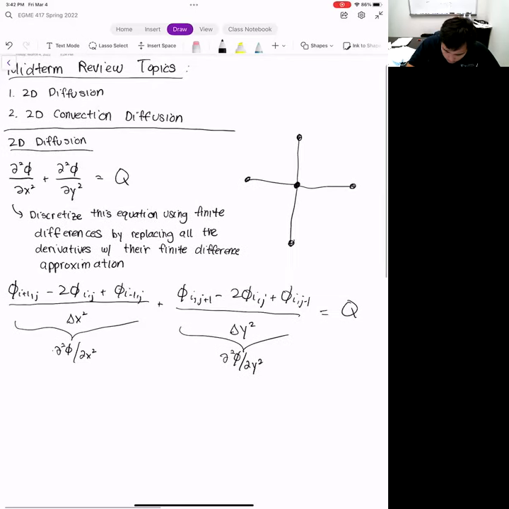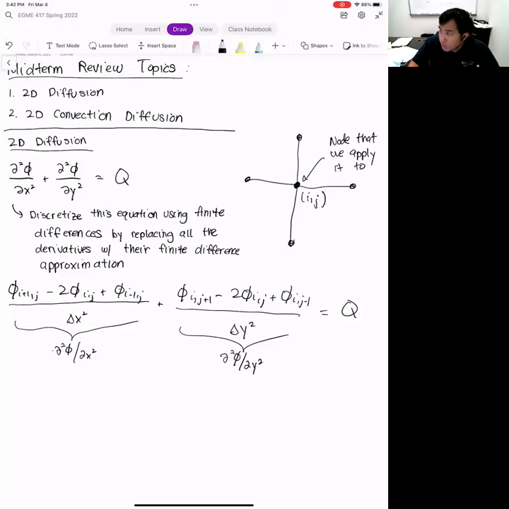Okay, and so the node that we're actually applying it to, we'll call it node i comma j. Let's say that I'm applying it to node number 6, and so phi at i comma j there would be phi 6.